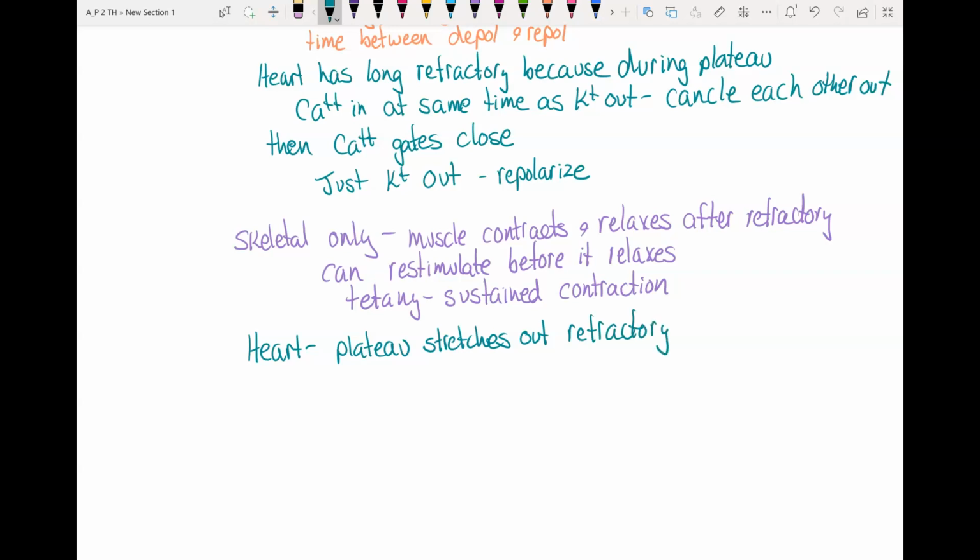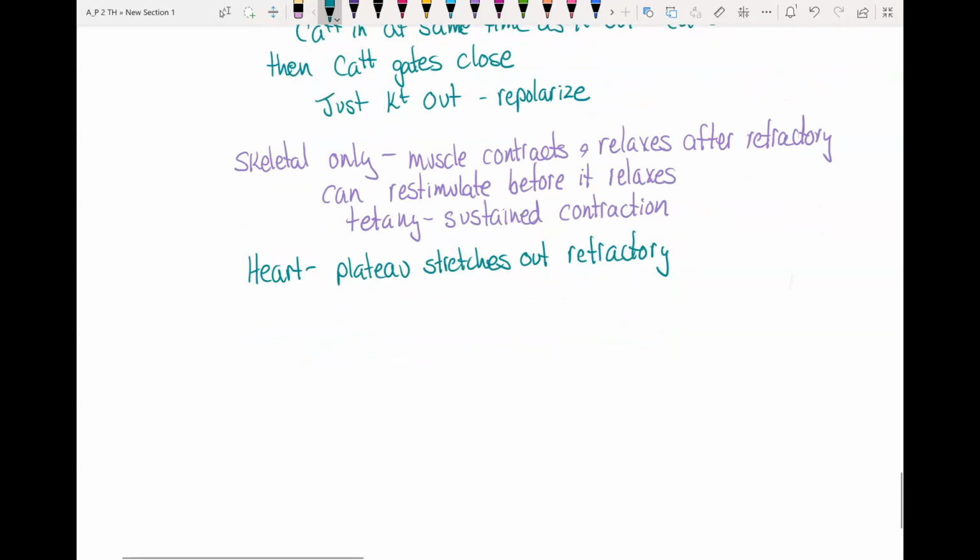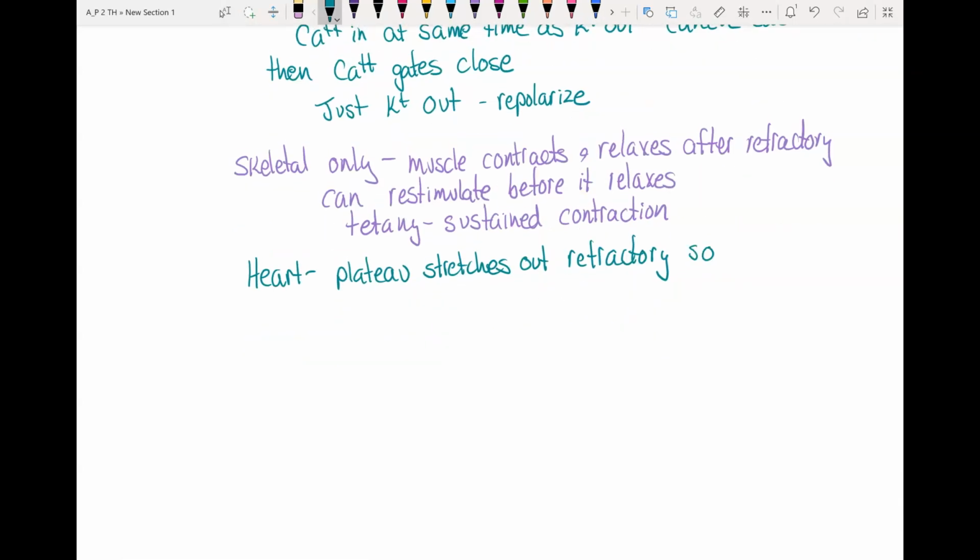So because the plateau is stretching out the refractory, the muscle has time to relax before it can be restimulated. That means you cannot sustain a contraction.